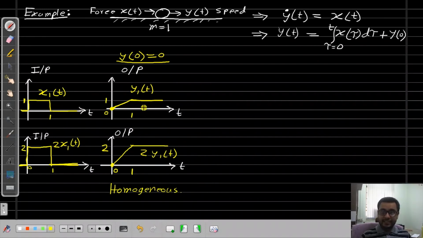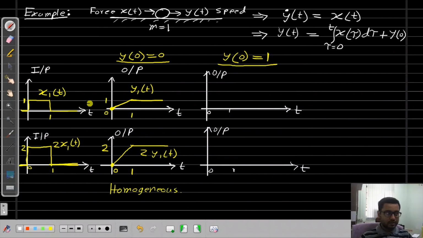However, if I did the same experiment with, say, initial velocity y0 equal to something non-zero, like 1, then what will happen? Let us see that. Now we are giving x1 as the input.